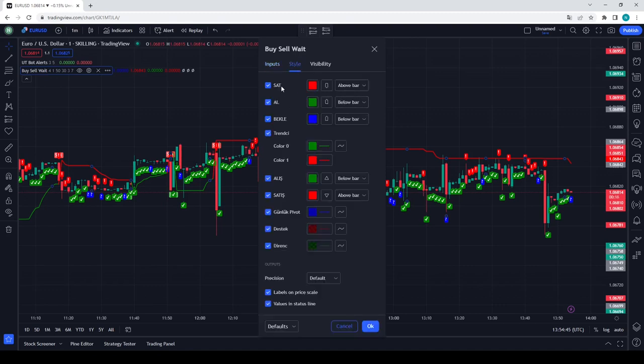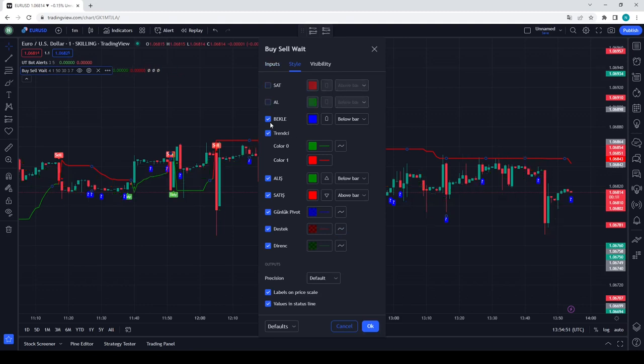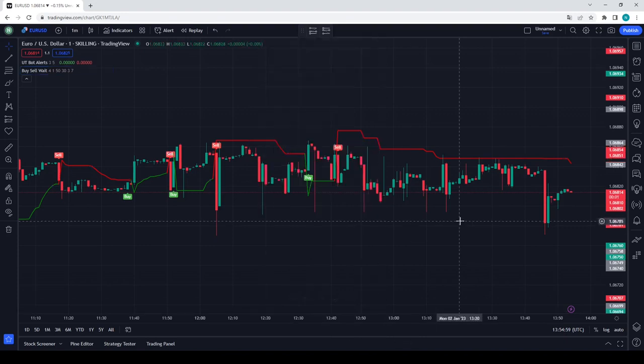In the style, the only box we will need to check is the Trend CI, and all other boxes we will uncheck. So just like this. And now we only get the buy and the sell and this line.